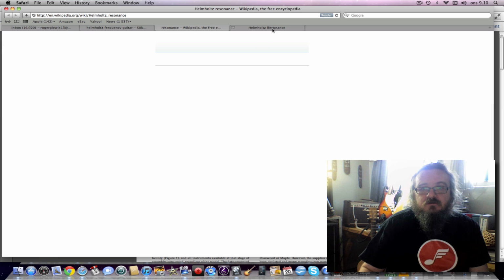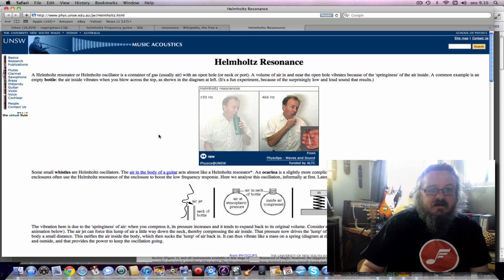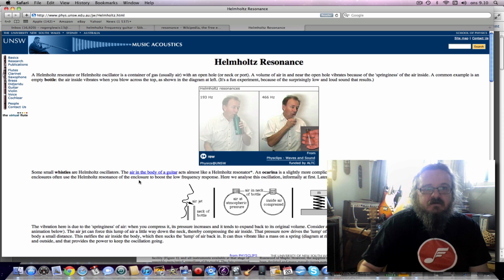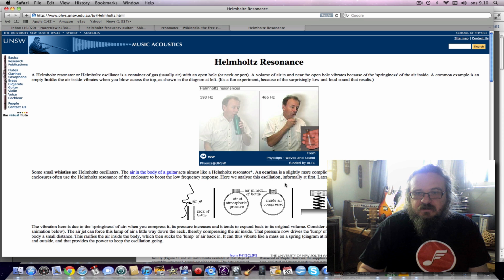So there is a Helmholtz resonance in guitars, and it's explained here that it's not exactly analogous. You see this article here by the University of New South Wales, Sydney, Australia, where it says the air in the body of a guitar acts almost like a Helmholtz resonator. An ocarina is a slightly more complicated example.